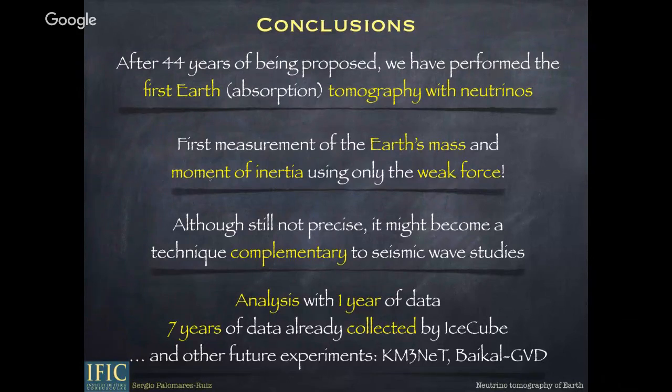And well, you have seen this is not precise, but it might become a technique which is complementary to other geophysics studies like seismic wave studies. We did an analysis with 1 year of data, but there are already 7 years of data collected by IceCube. And in the future, we will have other experiments like KM3NeT and Baikal-GVD that could add to this kind of measurements. So thank you.